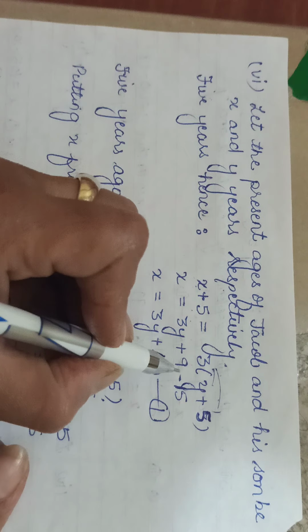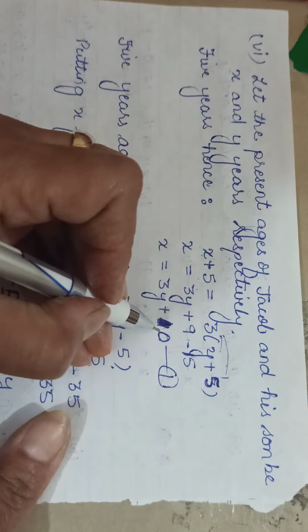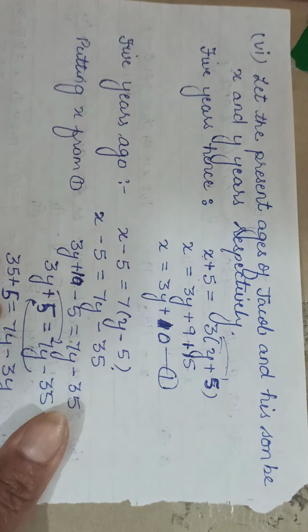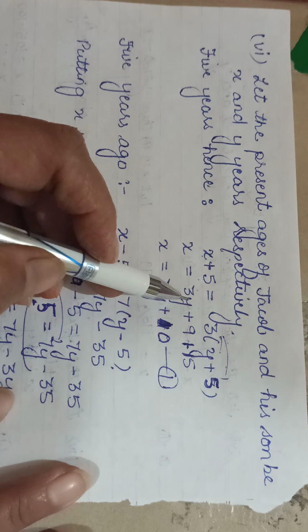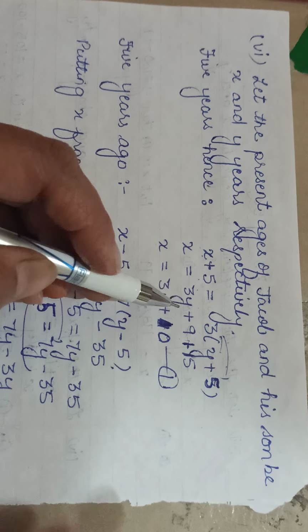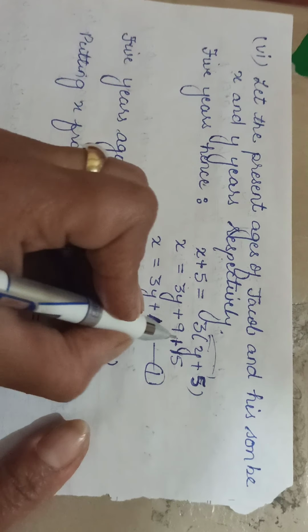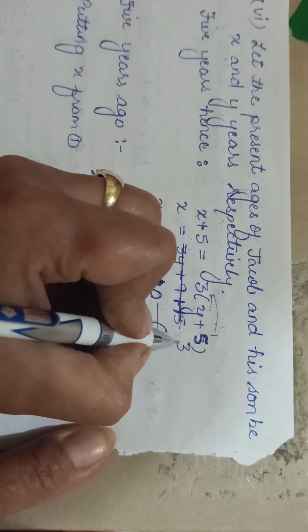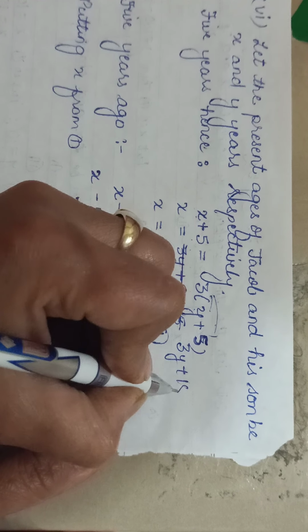Okay, sorry, I have done some mistake here. Okay, let's correct it. This would be 3y and plus 15.